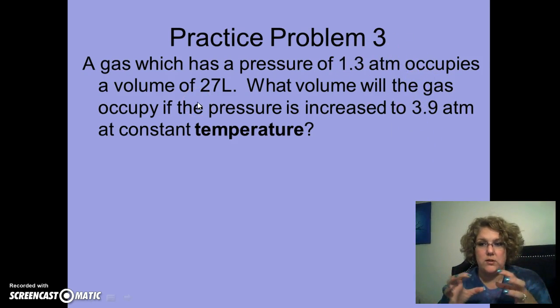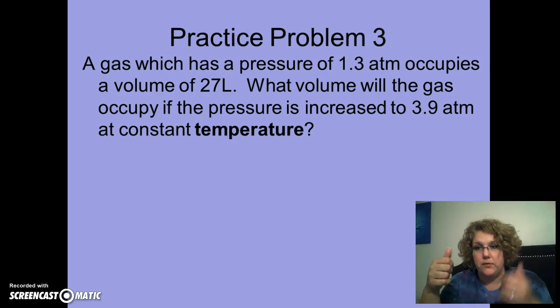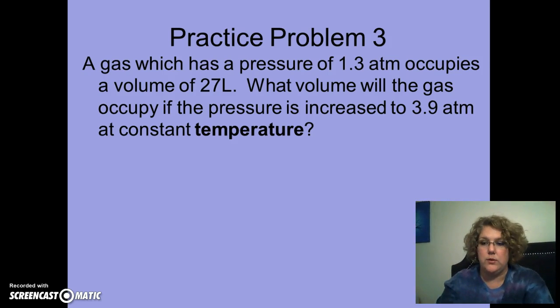We're going to squeeze on the gas with 3 times as much pressure. So the volume's going to go, according to Boyle's law, they're inversely proportional. When pressure goes up, volume goes down. So if our pressure goes up by 3-fold, our volume's going to go down by 3-fold. Whoops, my bad. And so the 27 liters will become 9 liters.